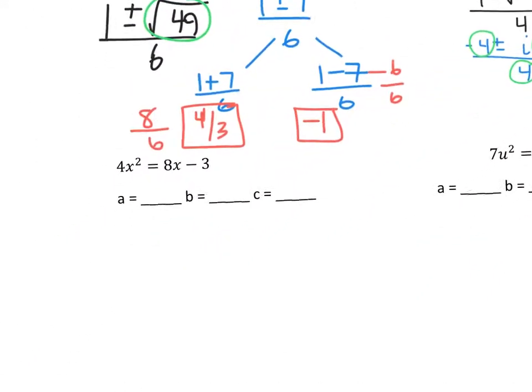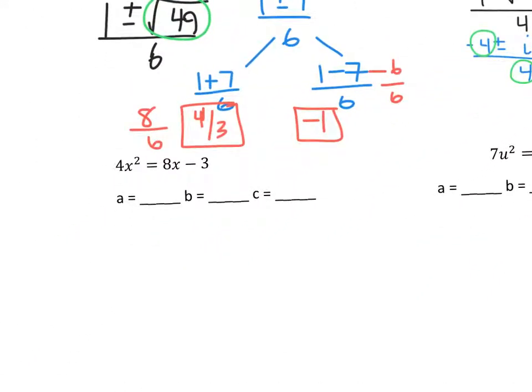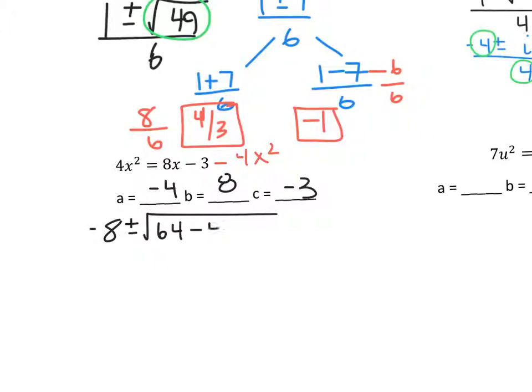Okay, third one, I'm going to get one side equal to 0, so I'm just going to subtract 4x squared. Your a is going to be -4, your b is going to be 8, and your c is going to be -3. So it's going to be -b, so -8, plus or minus the square root of b squared, which is 64, minus 4 times a times -3, all over -8.